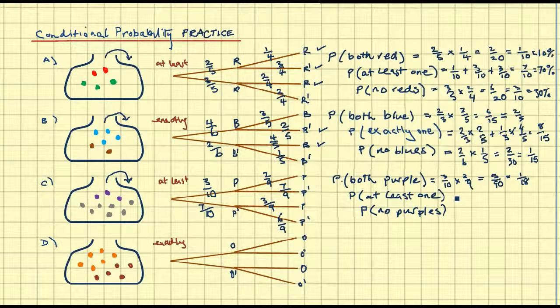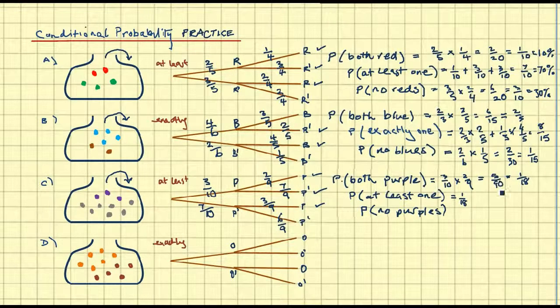Probability of at least one, well, that's going to be this branch, but don't forget this branch, because that's 2. So we've got 2, 1 and 1, all of those fulfill this criterion of at least 1. Okay, so now we've got 3/10 times 2/9, which we've already calculated is 1/18.